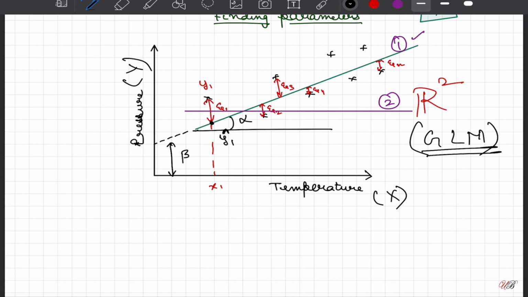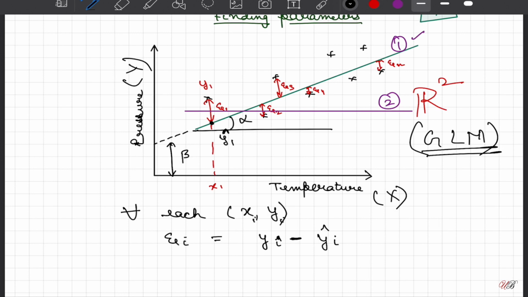Now for each x and y, because they are ordered pairs, we can say that error epsilon i is equal to what we have as the ground truth minus what we predict for i.